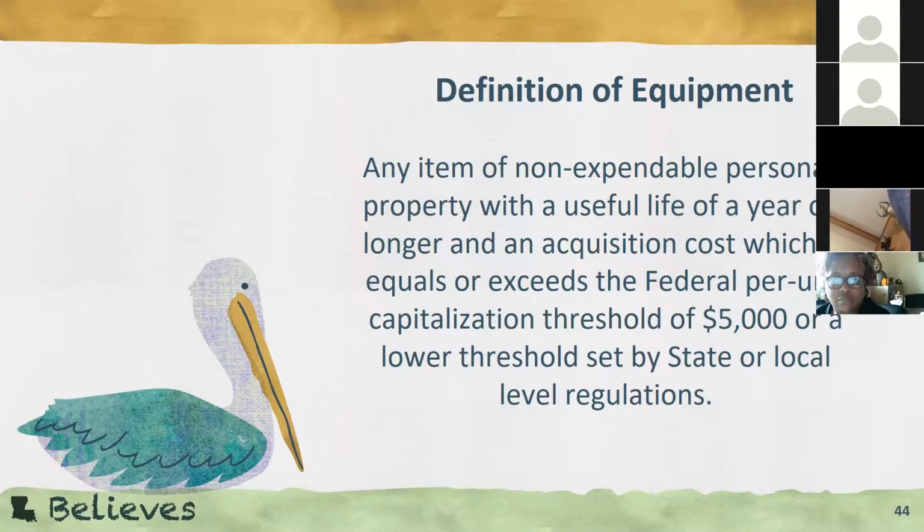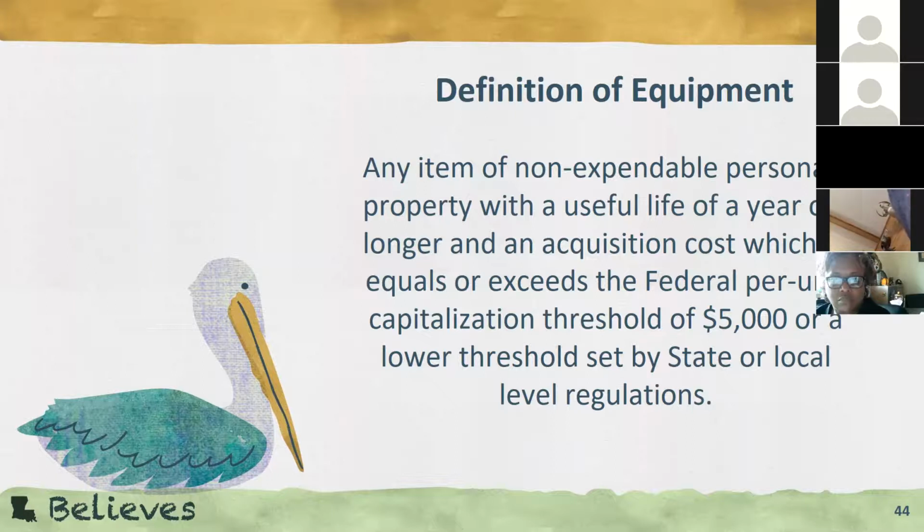OMB guidance and USDA regulations define equipment as any item of non-expendable personal property with a useful life of a year or longer and an acquisition cost which equals or exceeds the federal per unit capitalization threshold of $5,000 or a lower threshold set by state or local level regulations.